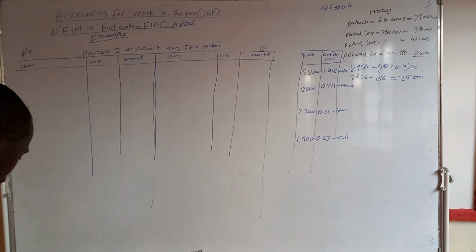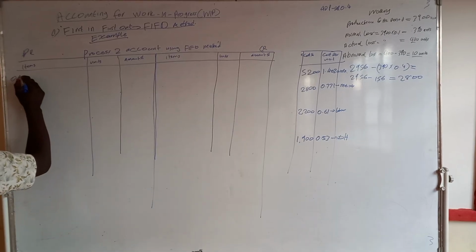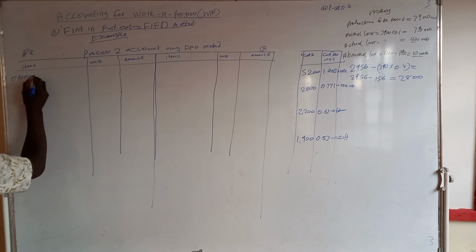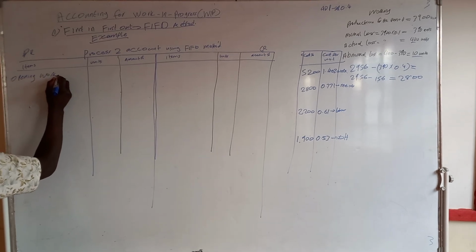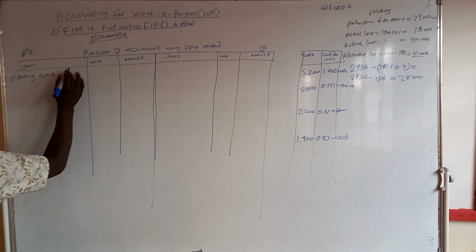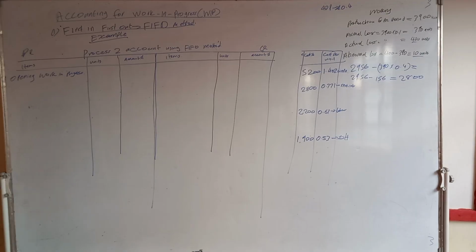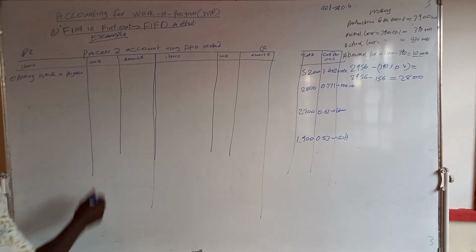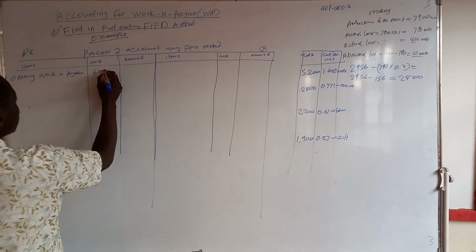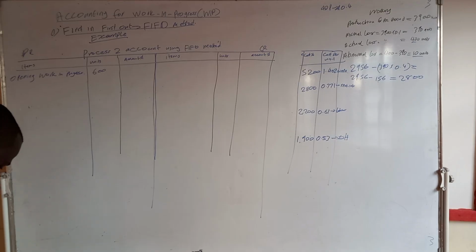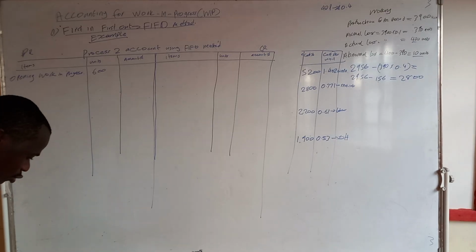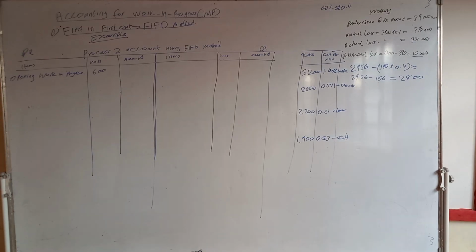Now we have opening work in progress. There are 600 units. Now, what is the value?